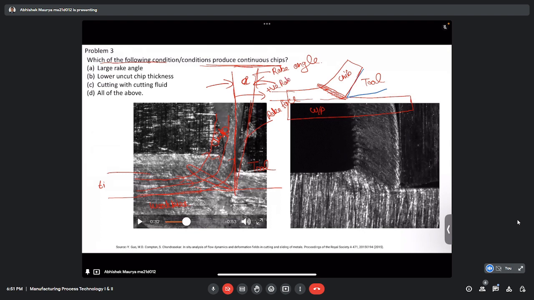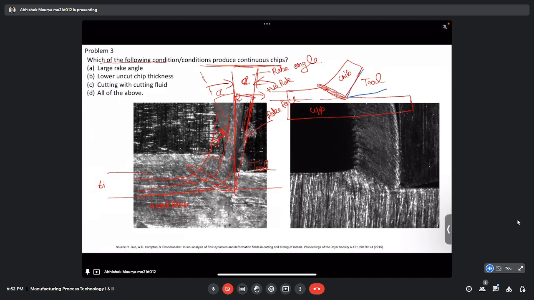Whereas if the rake angle is going somewhere in this direction, then whatever angle it makes here, it will be called negative rake. So in the first case we have seen there is some positive rake angle.